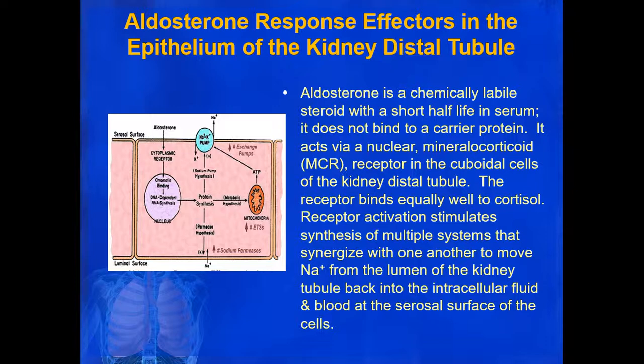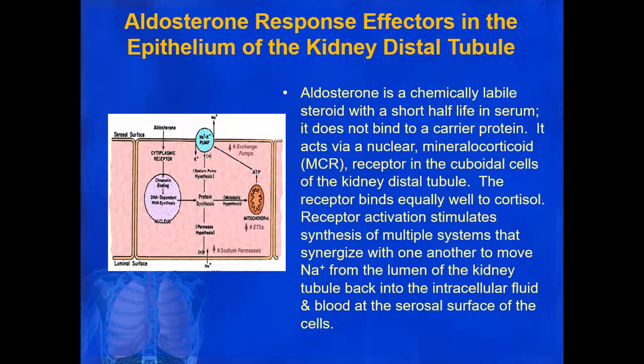Aldosterone response effectors are in the epithelium of the kidney's distal tubule. Aldosterone is a steroid which, with a short half-life in serum, does not bind to a carrier protein. It acts via a nuclear mineralocorticoid, or MCR, receptor in the tubuloid cells of the kidney's distal tubule.